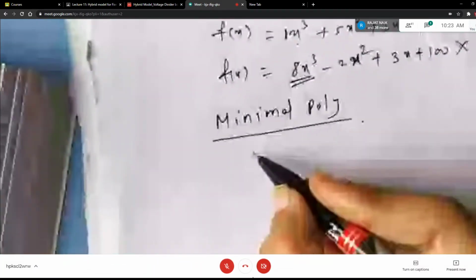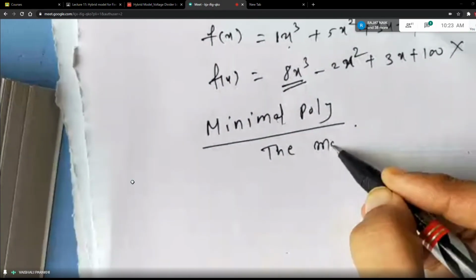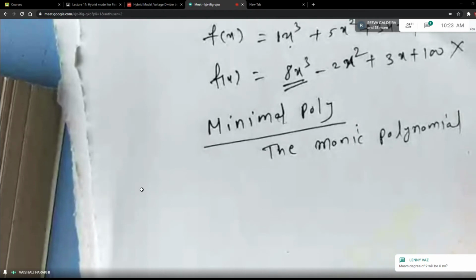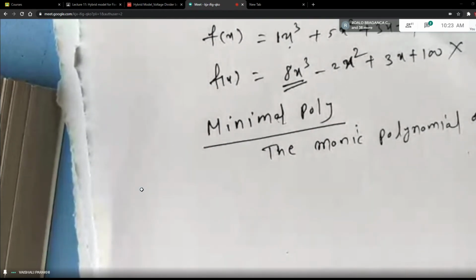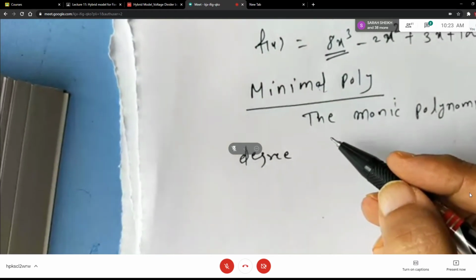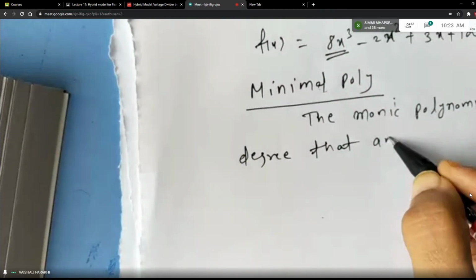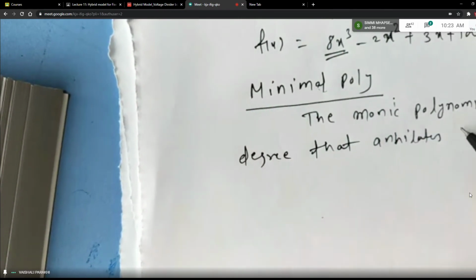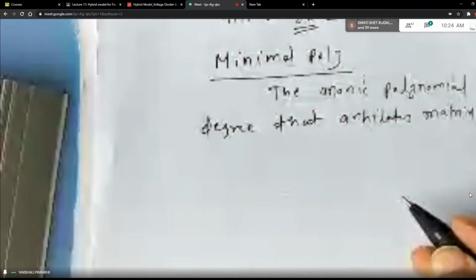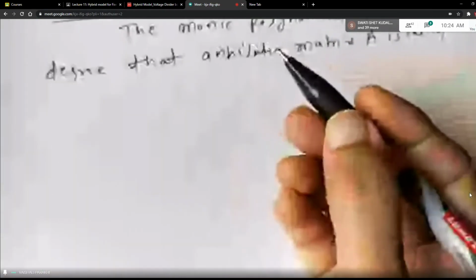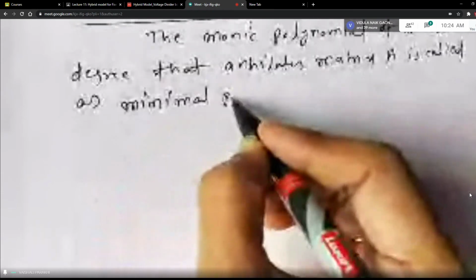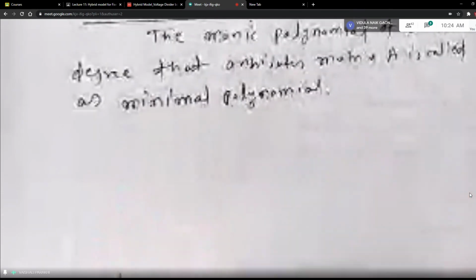The monic polynomial of lowest degree that annihilates matrix A, is called as minimal polynomial. That's all.